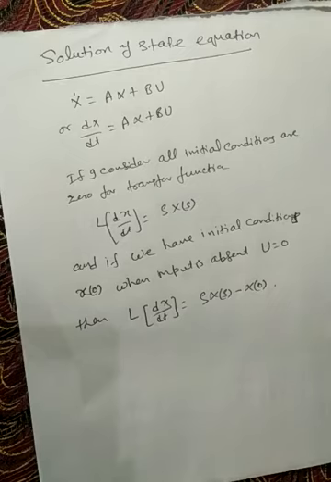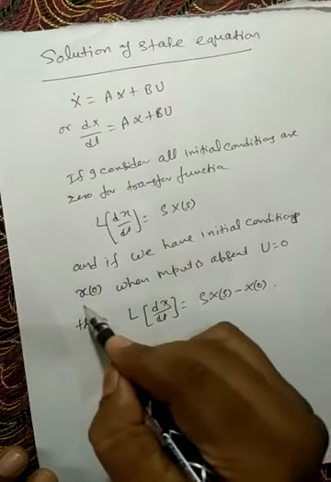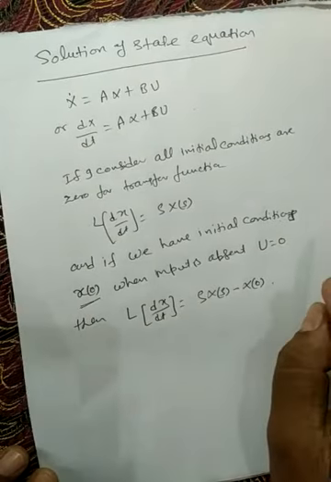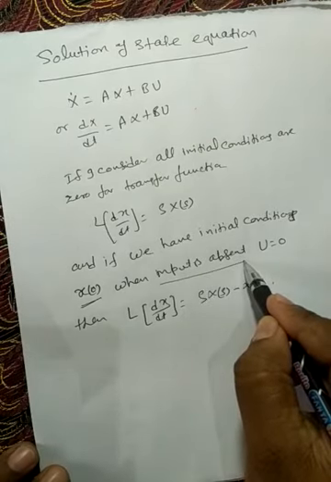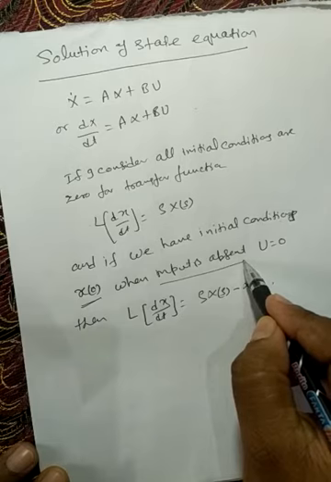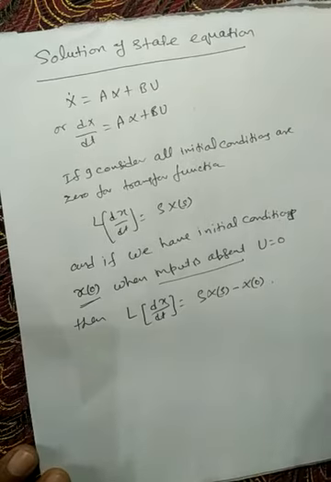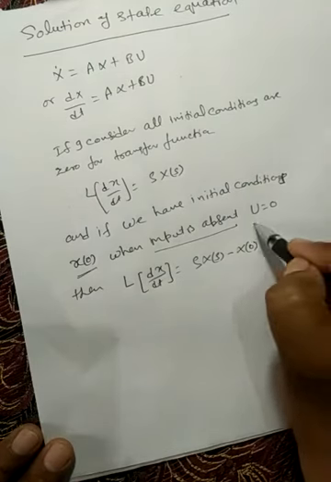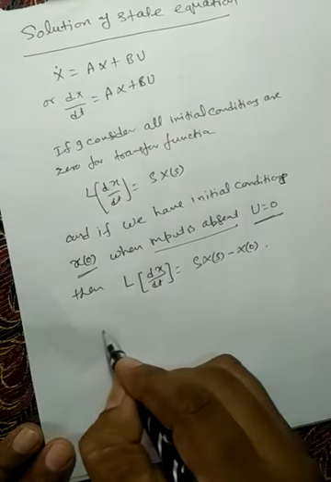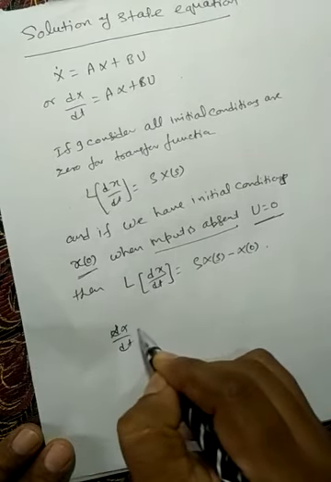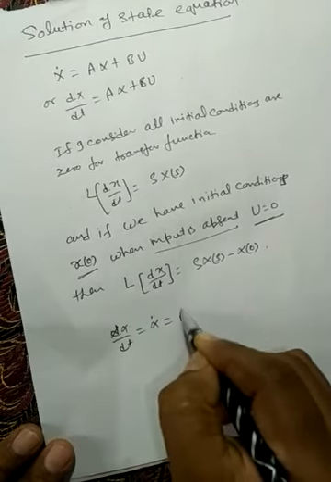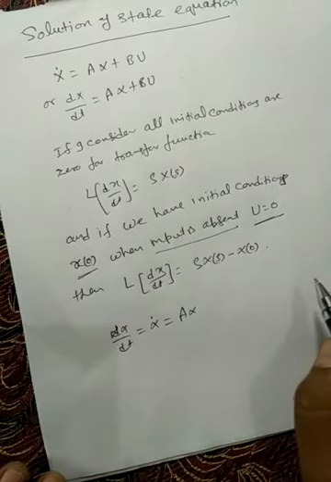When we have initial vector x naught but the input is absent, the differential equation becomes homogeneous: dx over dt, or x dot, is equal to Ax.